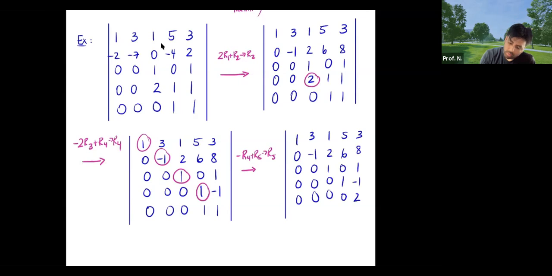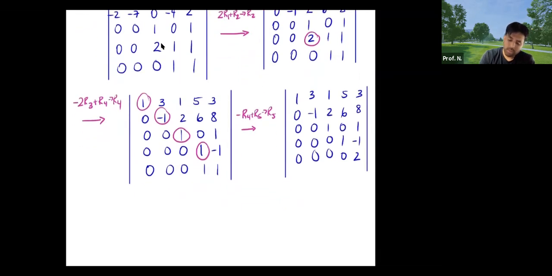And you get 2. So then what's the determinant of this? It's the product of the diagonal entries, which will give me negative 2.